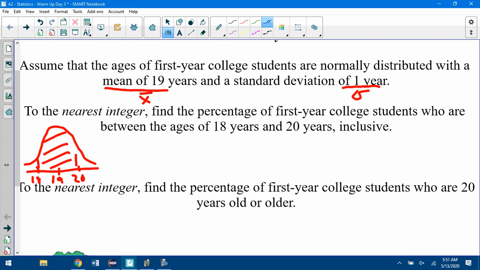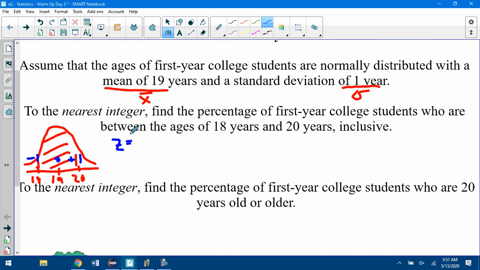Now, I already know, just so you make sure you know what normal curve means, the mean is always at 0. Since standard deviation is 1, this is going to be +1, this is going to be -1. Because if I add 1 to 19, I get 20. If I subtract 1 from 19, I get 18. That's what a z-score does. A z-score tells you how many standard deviations away you are.